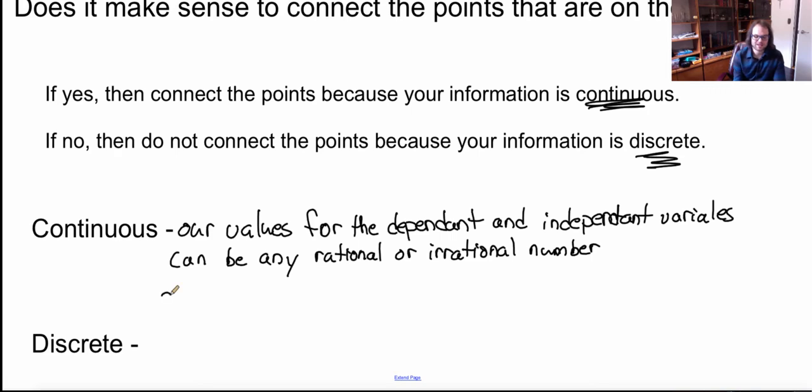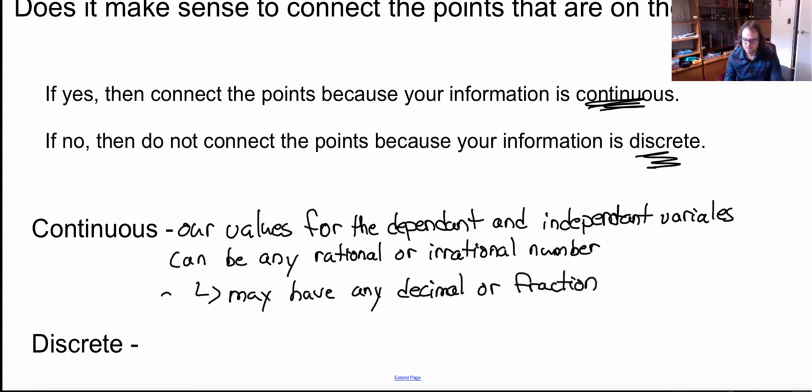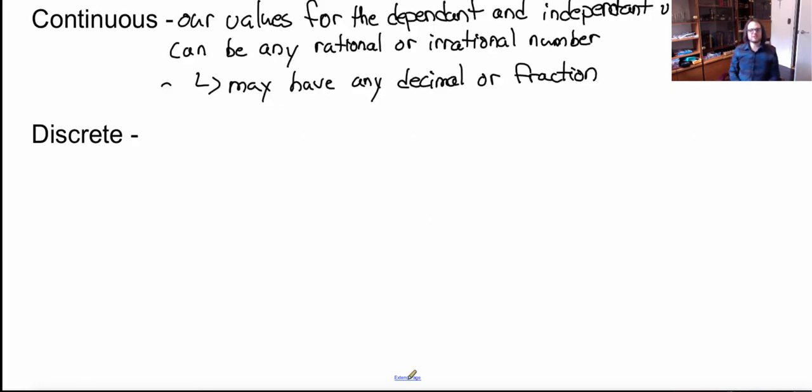So this means we can have any decimal or fraction possible as an answer. And if we think about that, time and speed, we could have any decimal or fraction in both my dependent and independent variables.